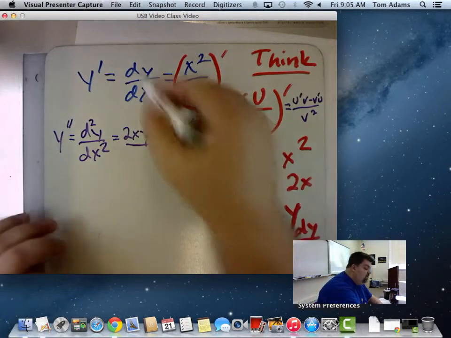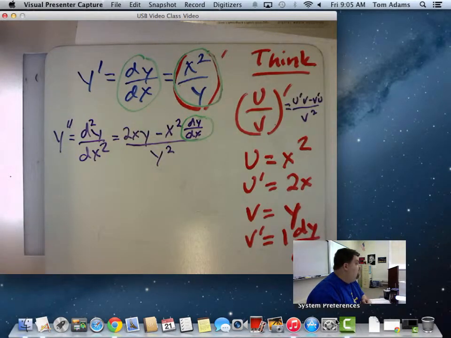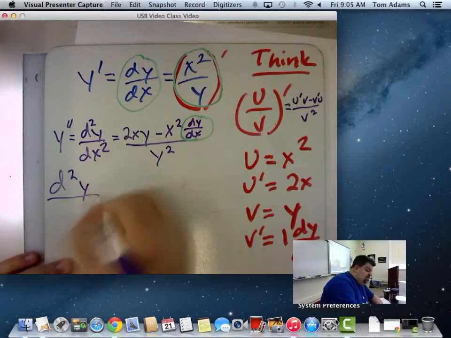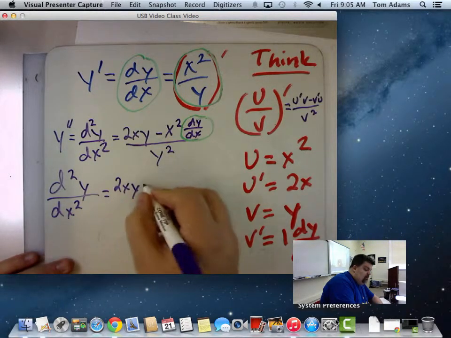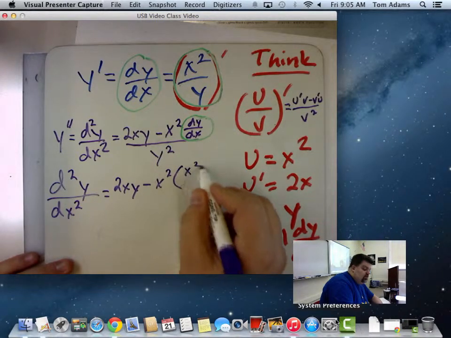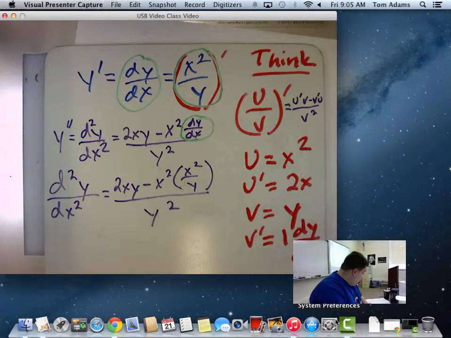No, the answer is this. dy/dx is equal to x squared over y. So what I need to do is say that this is equal to 2xy minus x squared, then in parentheses put x squared over y, all over y squared. Does that make sense?